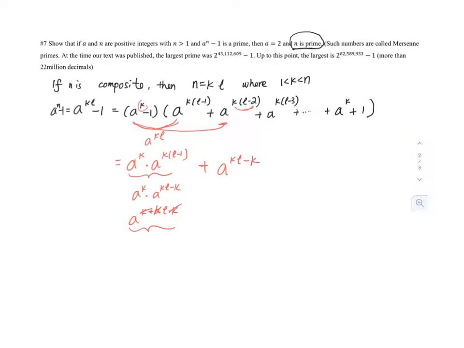And then the next one will be a to the kl minus 2k, and so on and so forth. The very last one will be a to the 2k plus a to the k. So that's what we have.